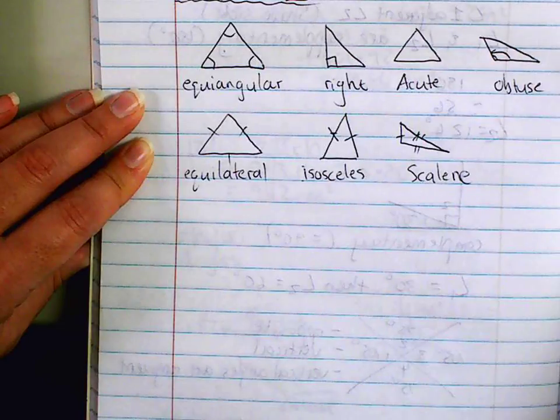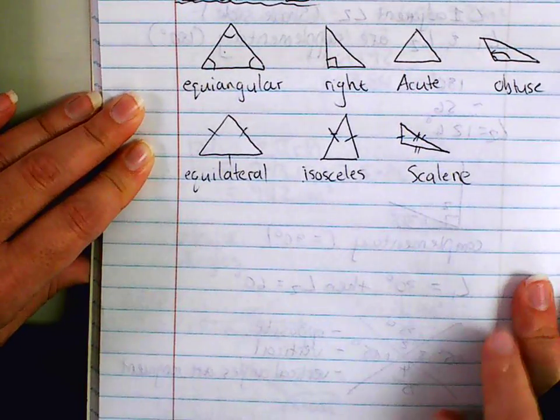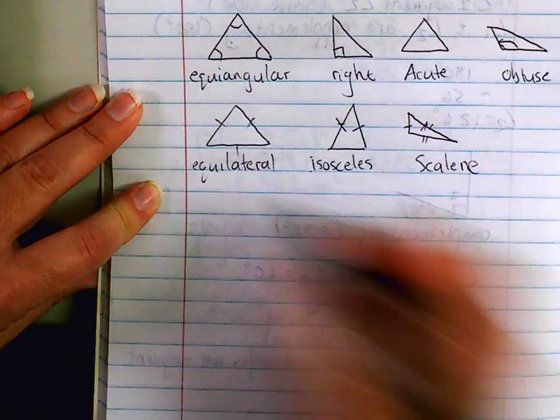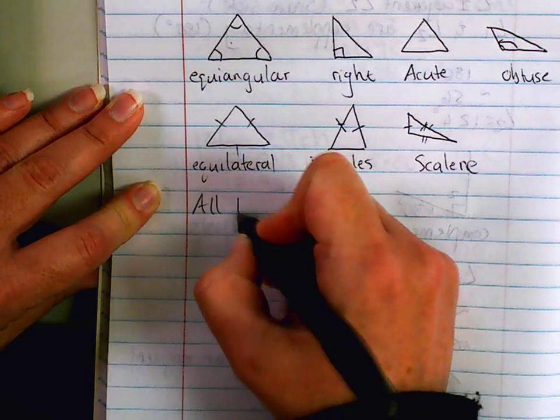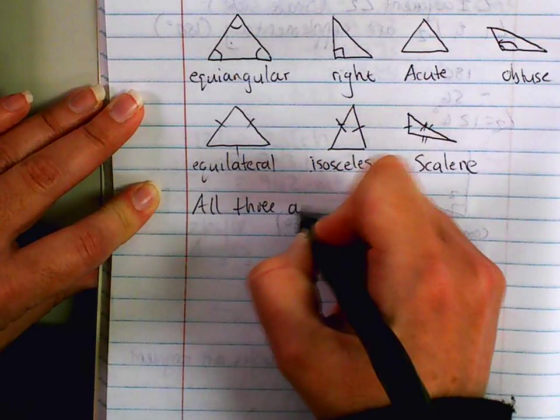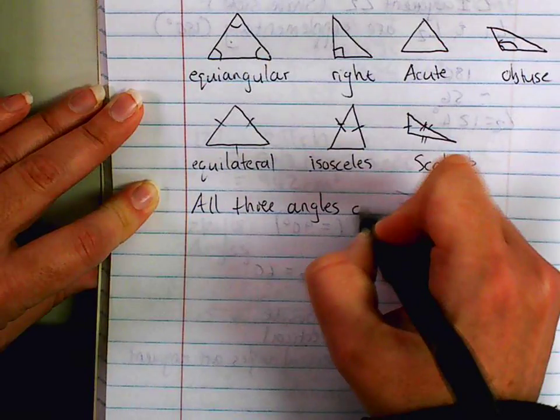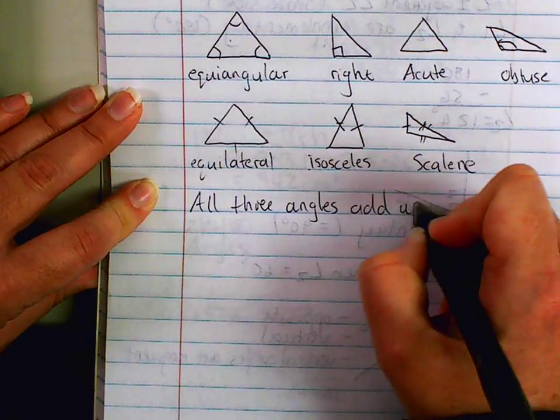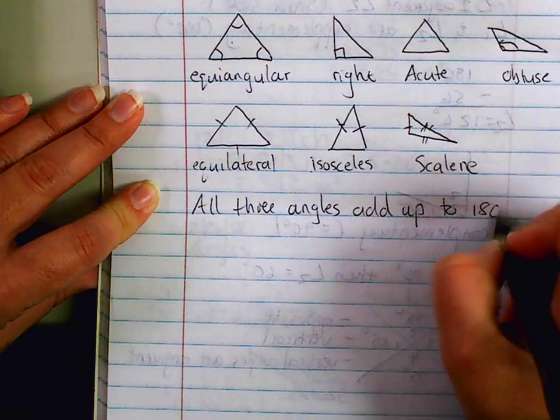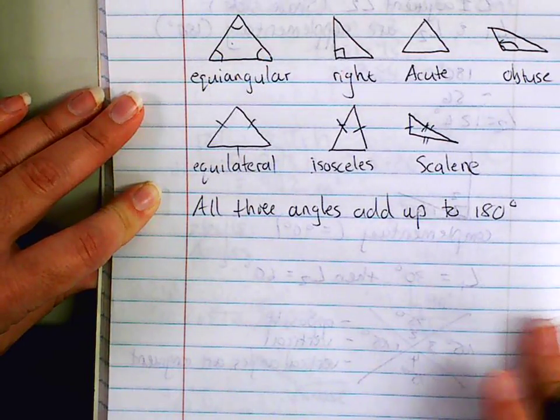Now, what is it that you actually need to know about these triangles? That all three angles add up to 180 degrees.